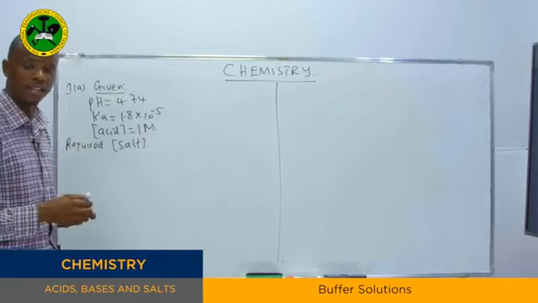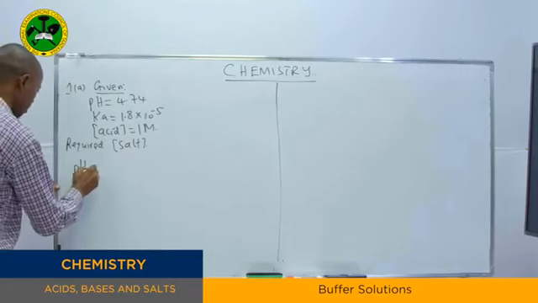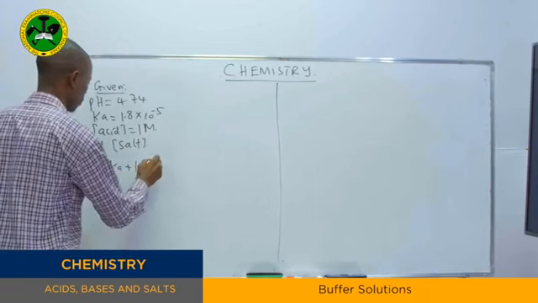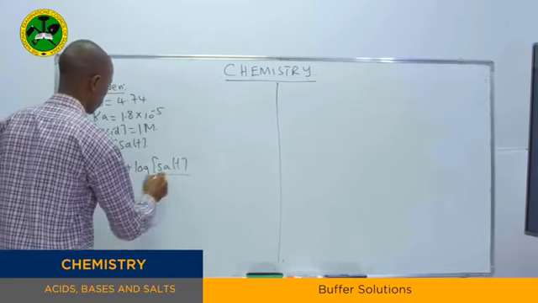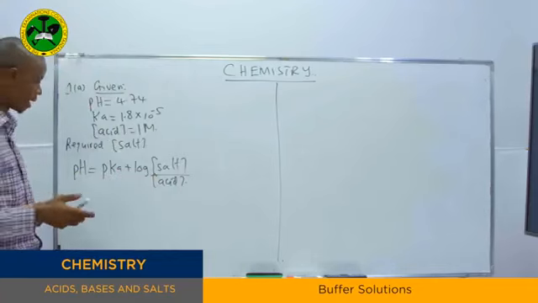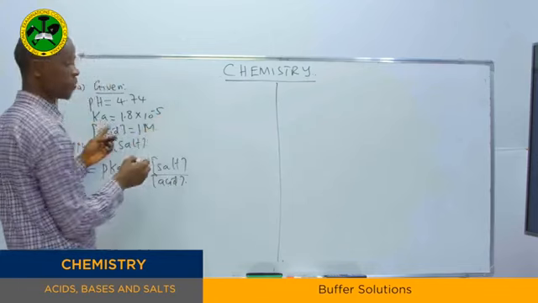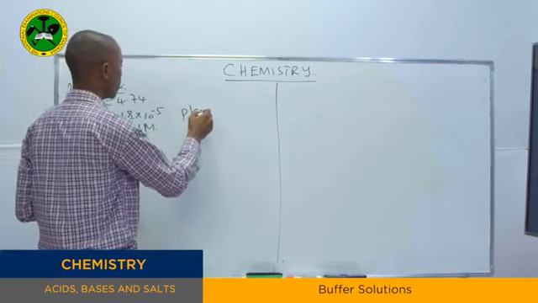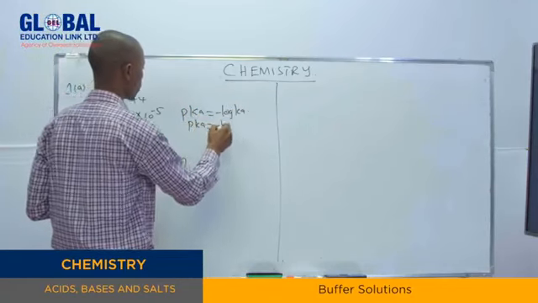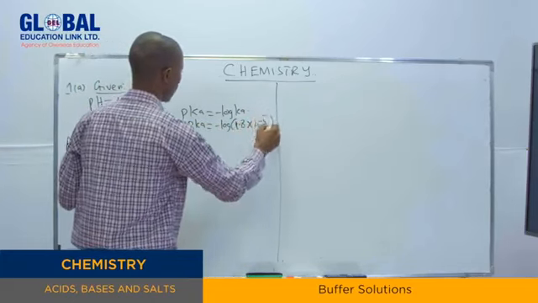Now, do you remember the pH equation for the acidic buffer solution? Yes, here it is. Now from there, because we have pKa and this is Ka, and you know that the formula for finding pKa is equal to negative logarithm of Ka. Therefore, pKa there would be equal to negative logarithm of 1.8 times 10 raised to -5.